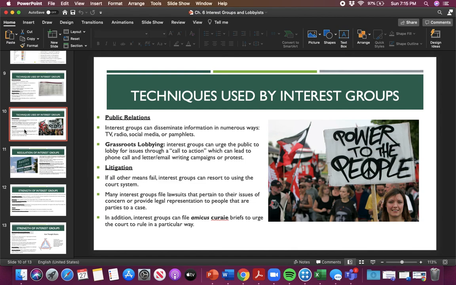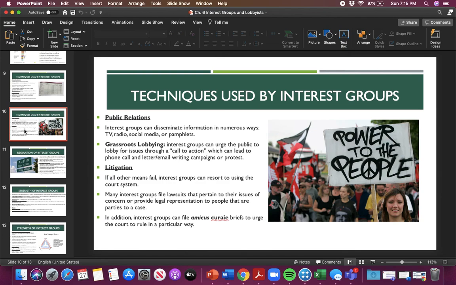So, some techniques that interest groups use to try and influence, to get people to support particular causes, to vote a certain way. Public relations is a good one. Most of your very well established interest groups are going to have really good public relations, whether it's their media presence, TV, radio, social media, disseminating information.